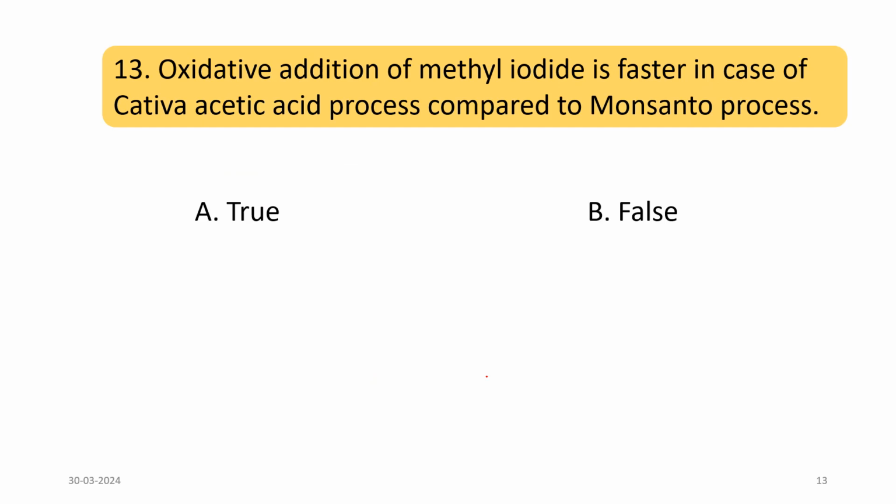Next, oxidative addition of methyl iodide is faster in the Cativa acetic acid process compared to the Monsanto process. Is it true or false?